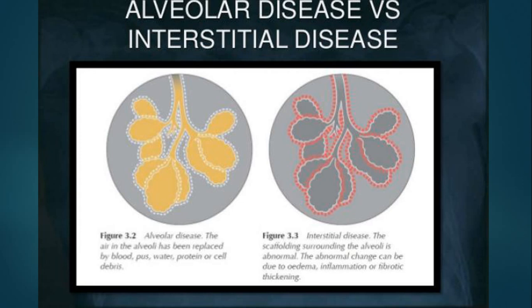Regarding the airspace disease or the alveolar disease, the disease is filling the alveoli, the bronchioles and the bronchi with any material. For example, pus, blood, water, protein, cellular debris, anything that fills the part of the lung that contains air, it's called airspace disease.